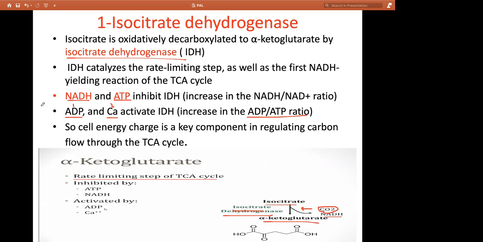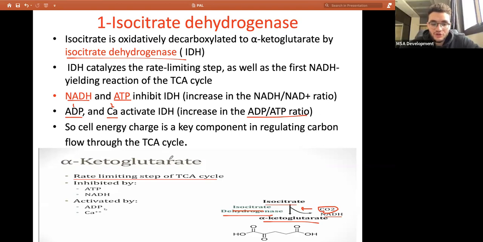Yes, can I ask a question? In the step from isocitrate to alpha ketoglutarate, we release only one NADH and ATP. Do we also lose a carbon? Like from 6 it will become 5, right? Yes. For isocitrate to alpha ketoglutarate, because it's isocitrate dehydrogenase, you produce NADH, and it's also decarboxylated, so you release CO2.